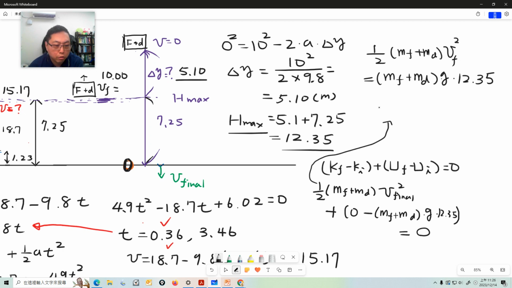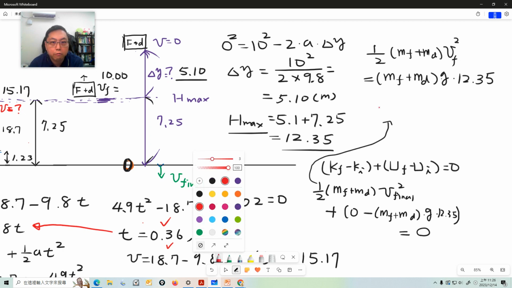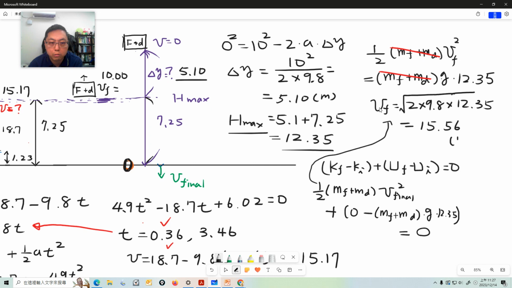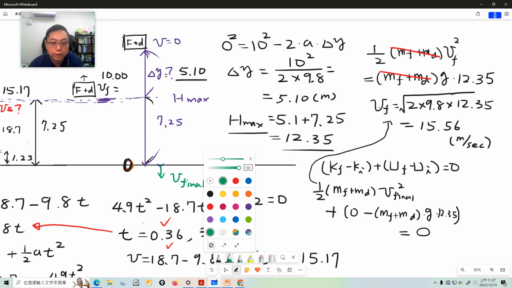On both sides we have the same mass, so cancel it. Our final velocity Vf is the square root of 2 times g, 9.8, times 12.35. What's our final answer? 2 times 9.8 times 12.35, take the square root. It's about 15.56 meters per second. That's my answer, that's what the problem is asking for.